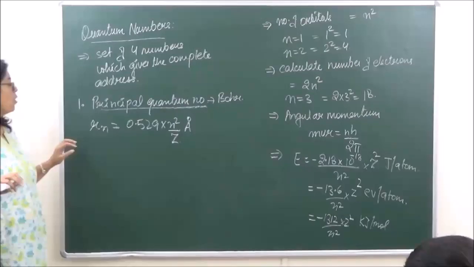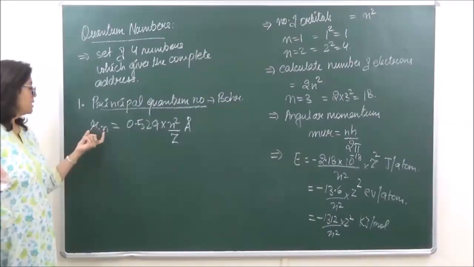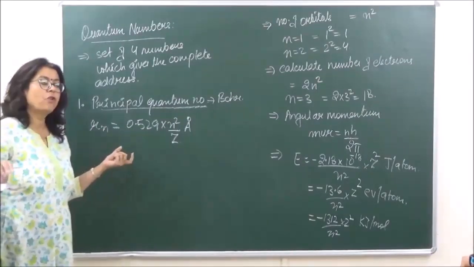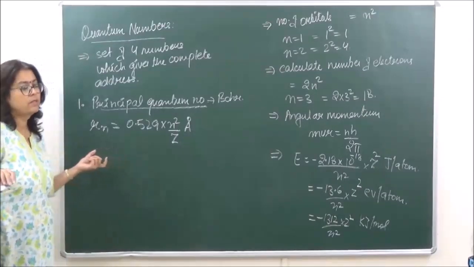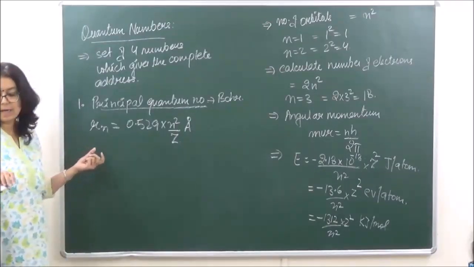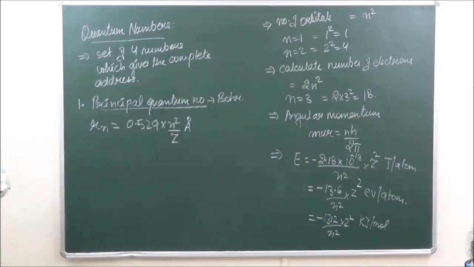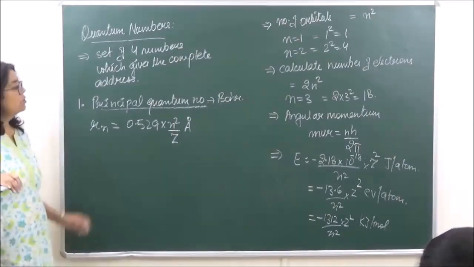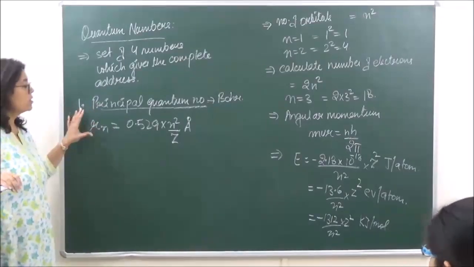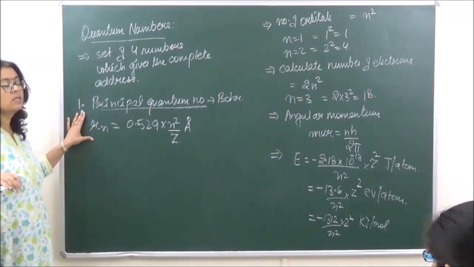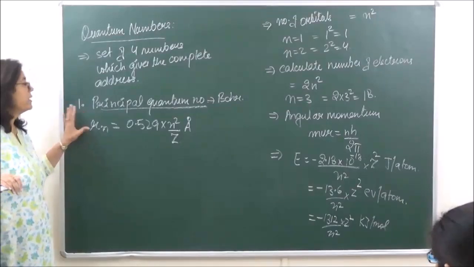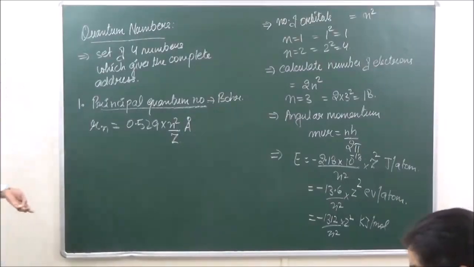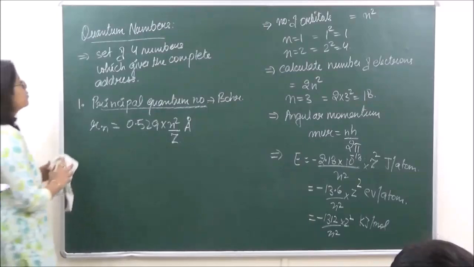So as the value of n keeps on increasing, the distance of the electron from the nucleus also keeps on increasing. Is it clear? So this is what the principal quantum number gives us about any electron. Then let's go on to the second quantum number, that is the azimuthal quantum number.